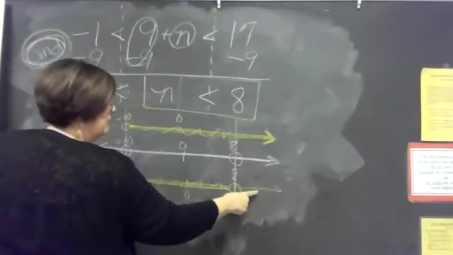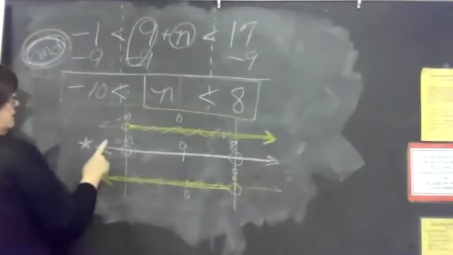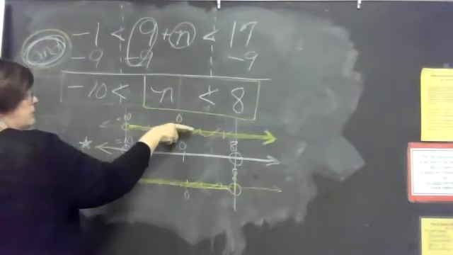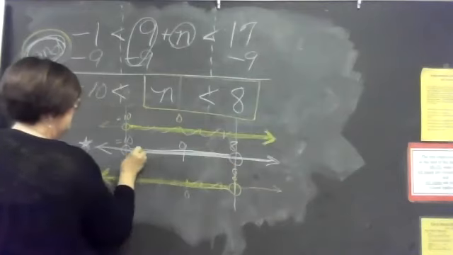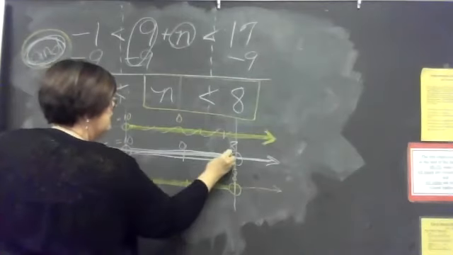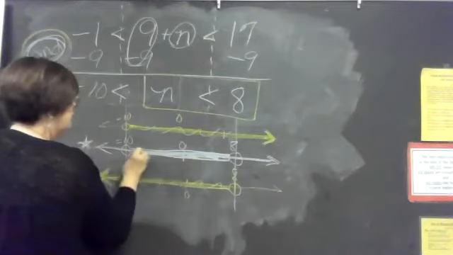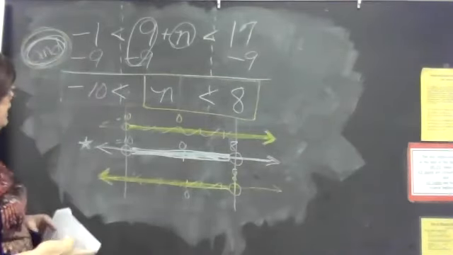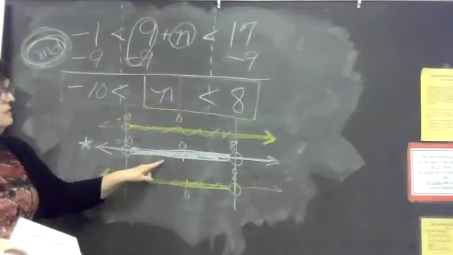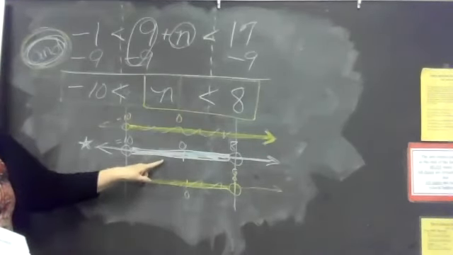This stuff does not overlap, but these are the same. And so we're going to simply shade just the part that overlaps. The "and" is an overlap. So this is the graph of the answer.